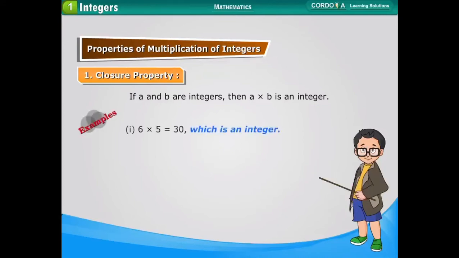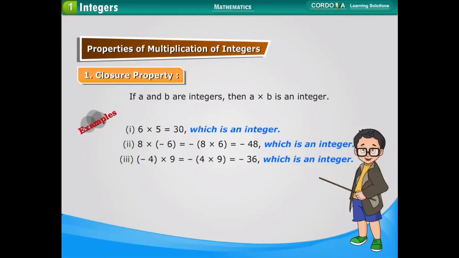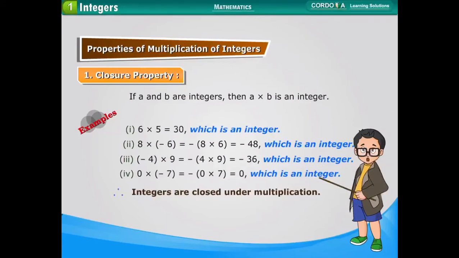Examples. 6 × 5 = 30, which is an integer. 8 × −6 = −(8 × 6) = −48, which is an integer. −4 × 9 = −(4 × 9) = −36, which is an integer. 0 × −7 = −(0 × 7) = 0, which is an integer. Therefore, integers are closed under multiplication.